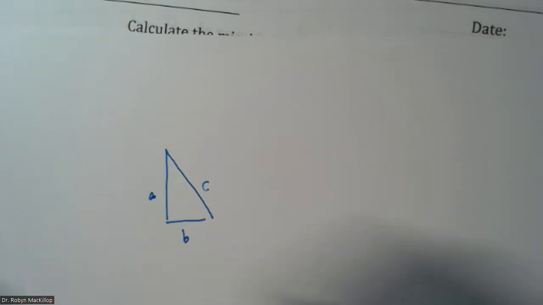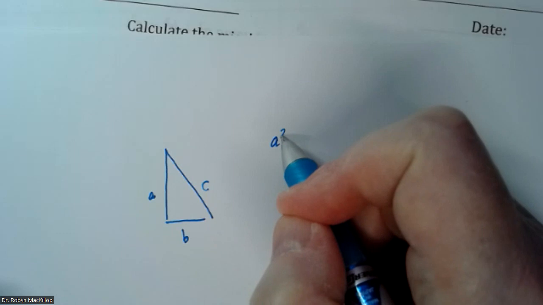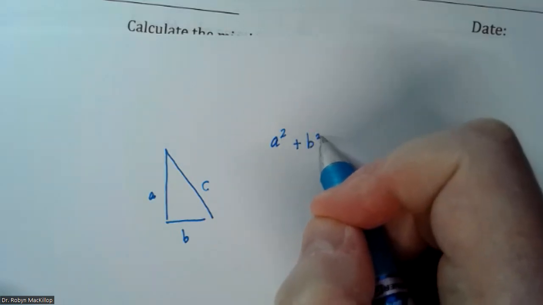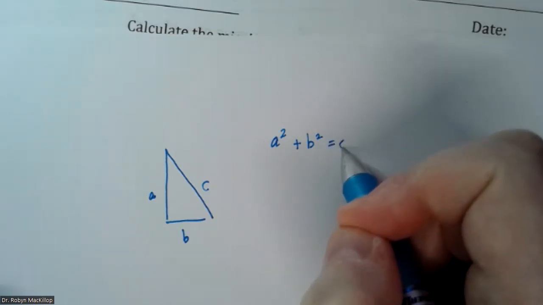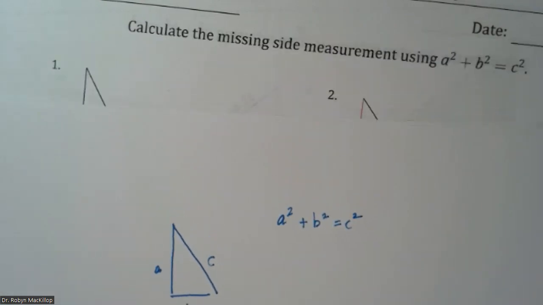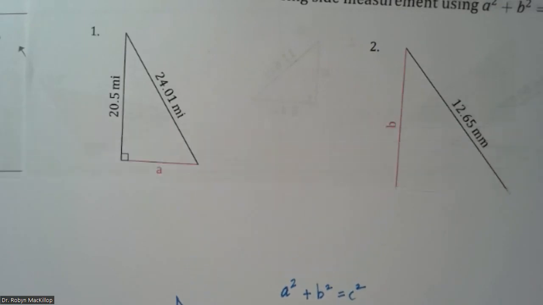Now we're going to use the Pythagorean theorem, which is A squared plus B squared equals C squared. That seems like a lot, doesn't it? A lot happening. So let's see if we can break it down. Let's go to number 1.